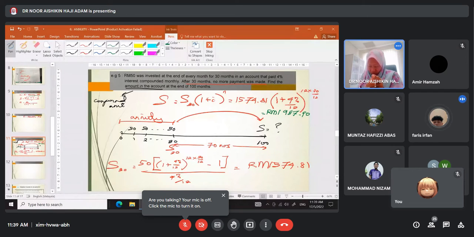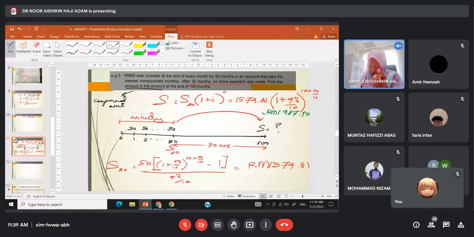So times, I put a bracket, 1 plus 0.04 divided by 12 close bracket, and then I raise to the power of 70. So I don't round anything. I get 1987.898711. So your final answer should be 1987.90.